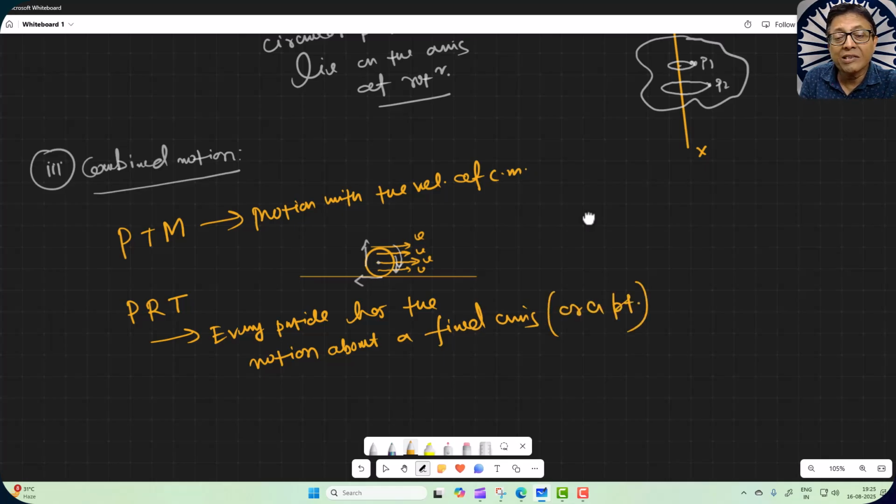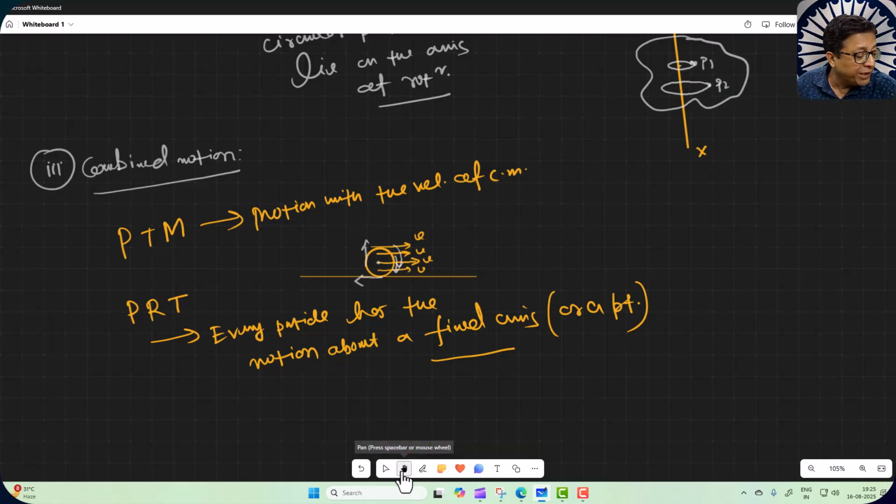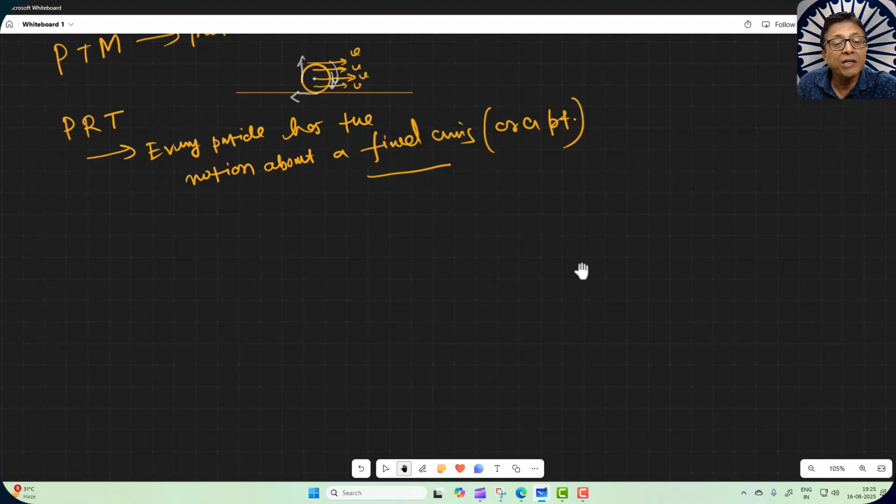But today we will restrict our study to a fixed axis. Okay? Now, that angular velocity, how are you going to define it here? I am telling you. Angular velocity of a rigid body.